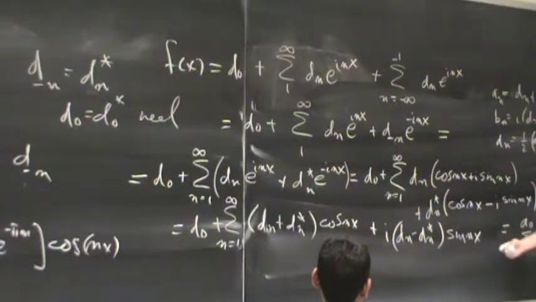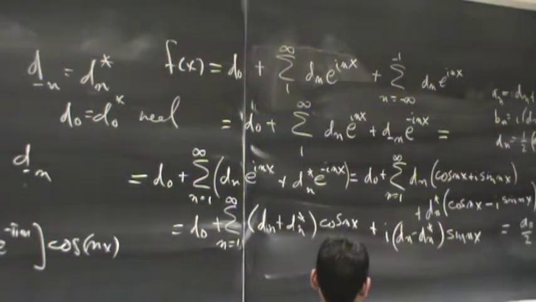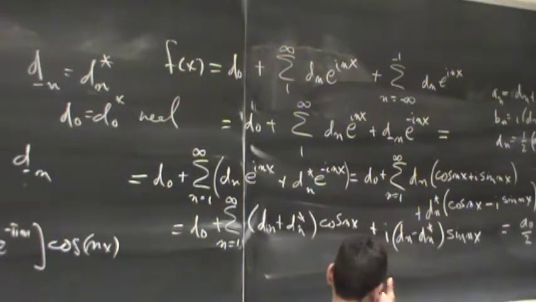So the original term here was d0. d0 is a0 over 2, and that's why it's a0 over 2. All right, so this is the way people normally introduce Fourier series. They say, let f of x be a0 over 2 plus this sum of sines and cosines. But I think this is much more complicated. I think the exponential thing is easier to understand, and it makes better contact with linear algebra and so forth.